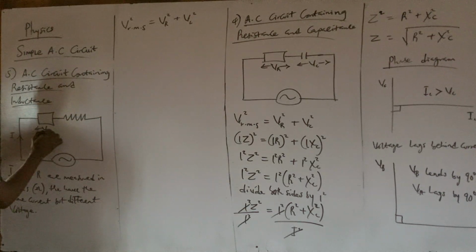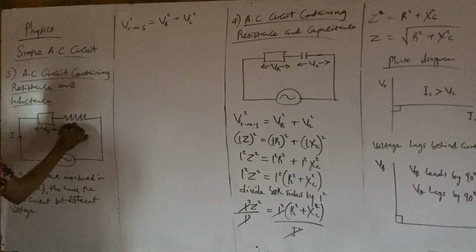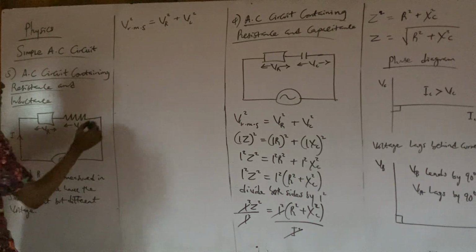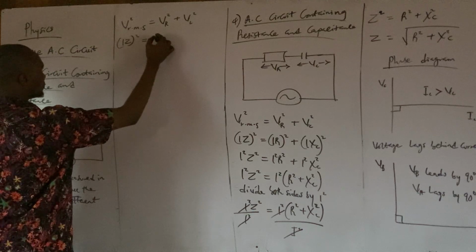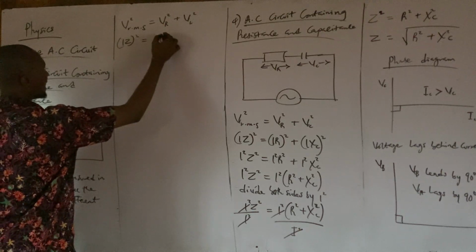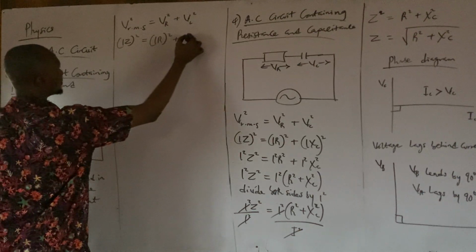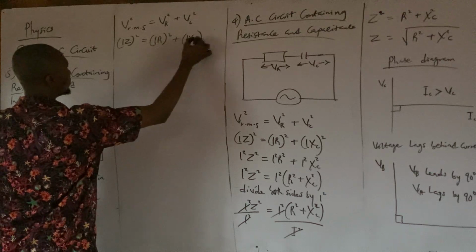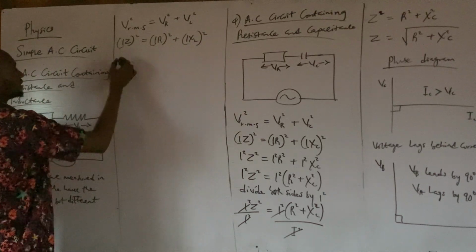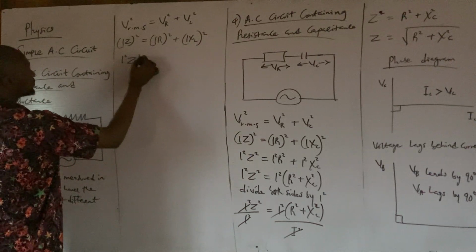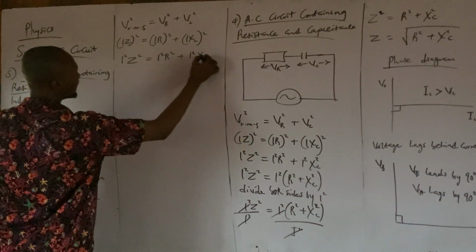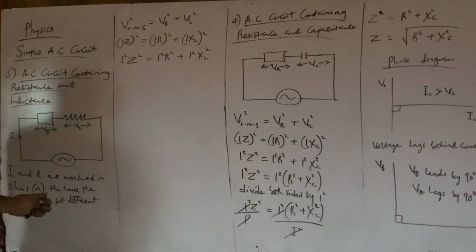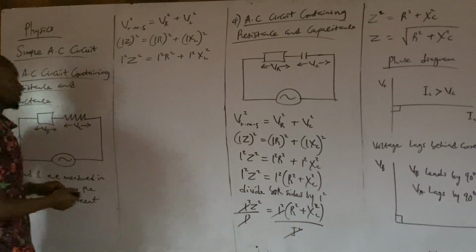From here to here is VR, and from here to here is VL. So IZ squared equals IR squared plus IXL squared, so I squared Z squared equals I squared R squared plus I squared XL squared. Is that correct? Yes.